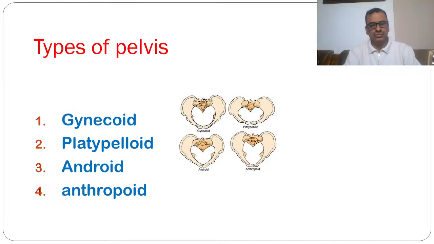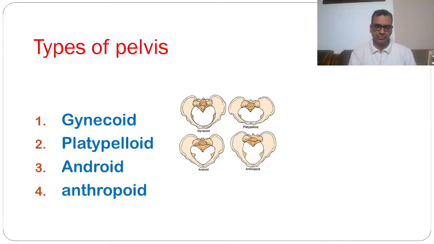Now we come to the types of pelvis. Normally, four types of pelvises are there. The normal is gynecoid, the others we can say are abnormal, and sometimes if these types of pelvis are there, cesarean section will be the choice.